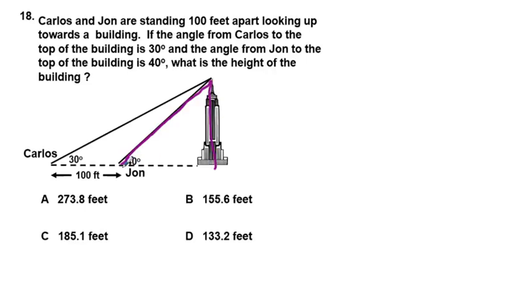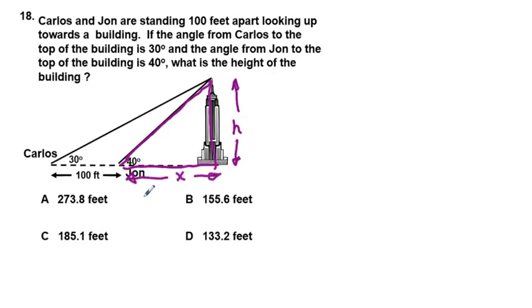This triangle has a height that we're going to call h. The bottom side we don't know, so we're going to call it side x. Side x is the distance from John to the base of the building.